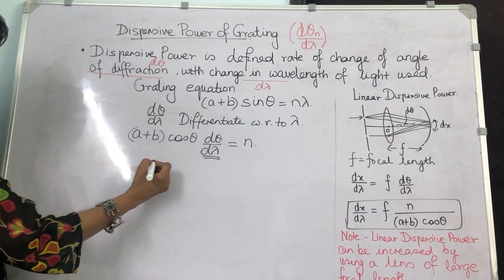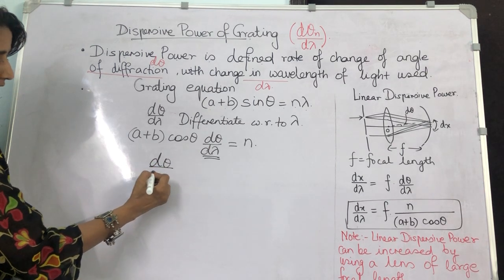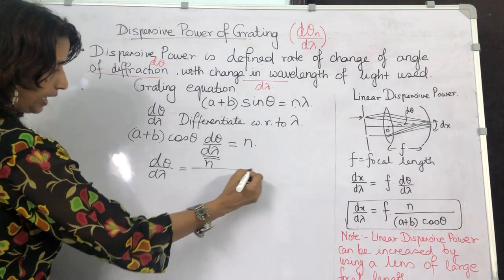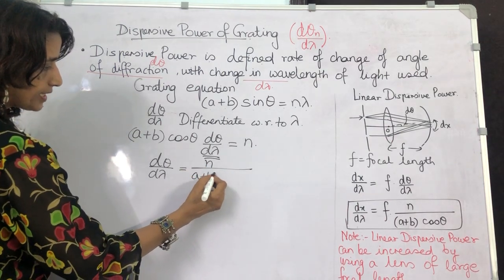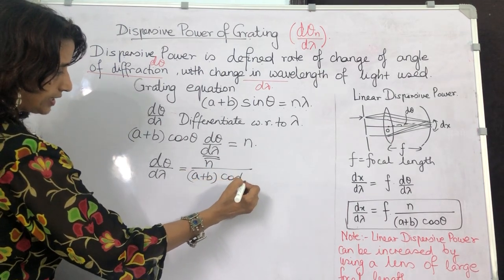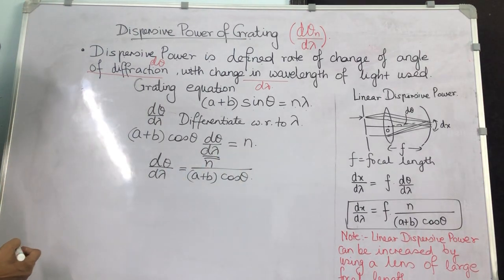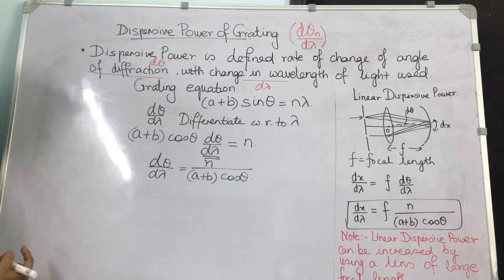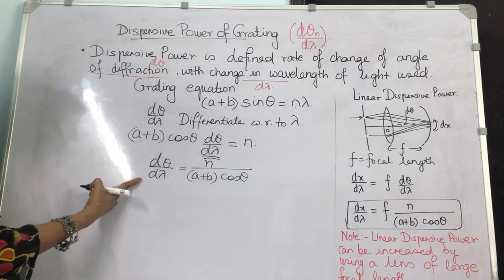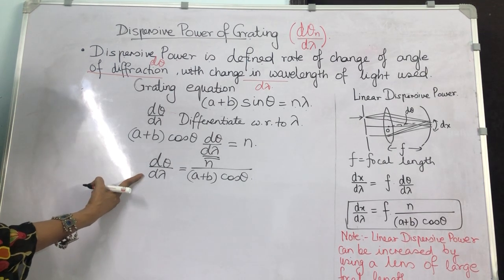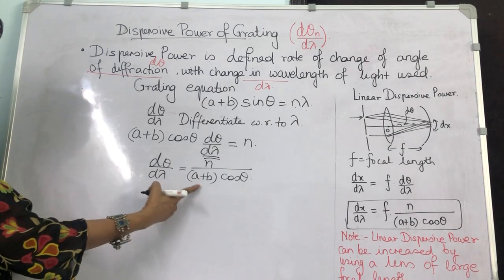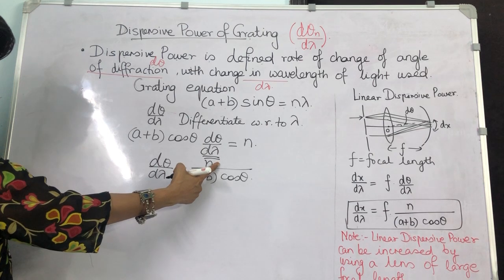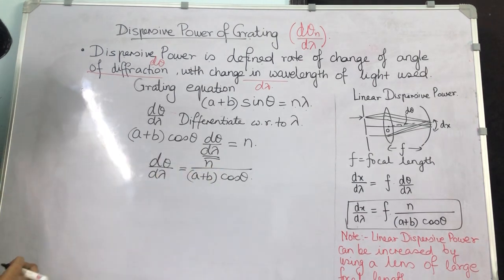So d theta by d lambda is equal to n upon (a plus b) cos theta, right? Now we can simplify this expression further. As you can see, dispersive power depends upon the grating element and the order of the spectra.